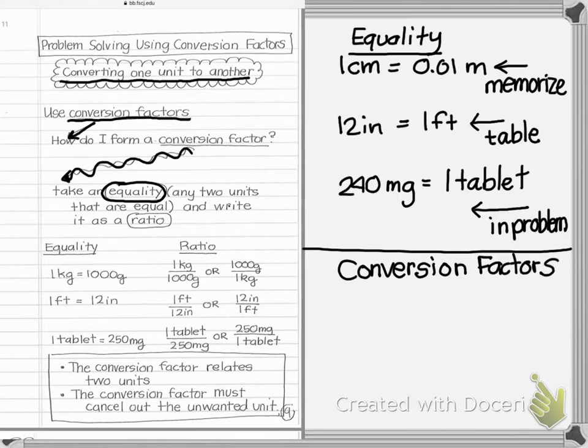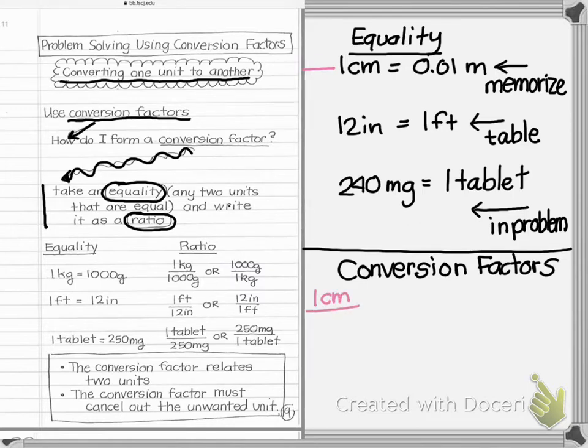Okay, so coming over here, you'll take an equality, which is any 2 units that are equal, and write them as a ratio. And a ratio simply means that you write one on top of the other. So let's go up to this first one right here. Those two things are equal, so the conversion factor, I could write it as a ratio.